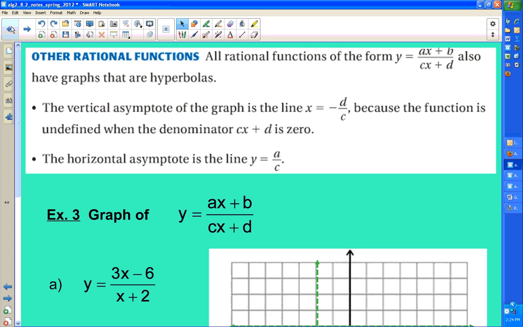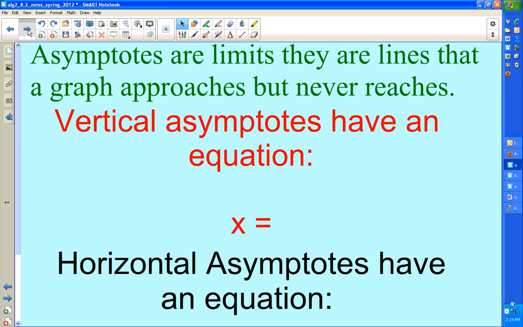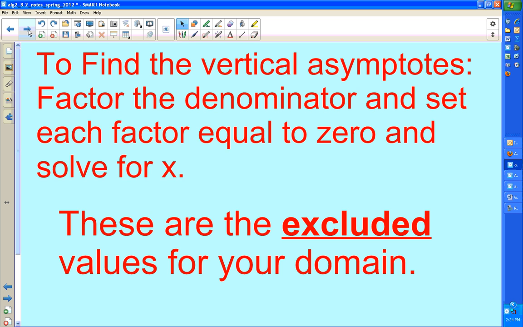Negative 2. So what value of x makes the bottom equal to 0 is always your vertical asymptote. To find the vertical asymptote, set the denominator equal to 0. This is your excluded value or values. And I'm giving you a little hint that later on we're going to have more than one vertical asymptote. Value or values for your domain.